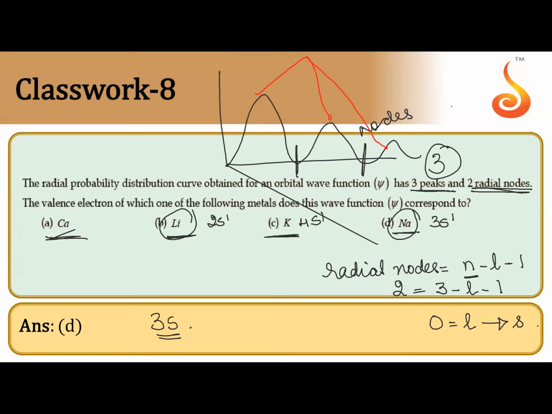It's going to have 4s2. Okay, that also can be there, but valence electron they're asking about. So anyway, answer here would be sodium. Option D. Did you understand? So with this knowledge, you can find out which is the subshell. After you find out the subshell, you can write down the configuration and see which is matching the last electron.